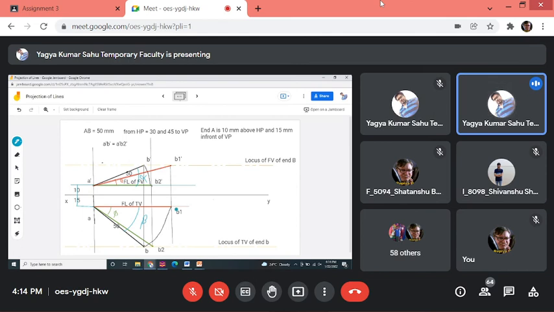Mark this length AB1, final length of front view, top view, final length of top view. Then assume the line inclined to vertical plane only. Draw AB2, draw A dash B2 dash, draw locus at B2, which will be the locus of top view of end B. Okay, rotate the length, and find the final views A dash B dash and A B. Easy, it will be made. Yes, sir.